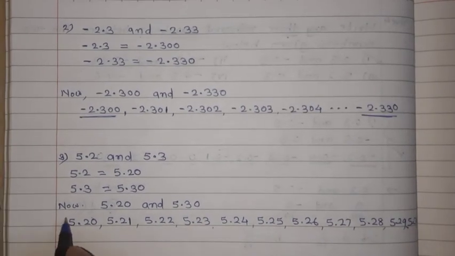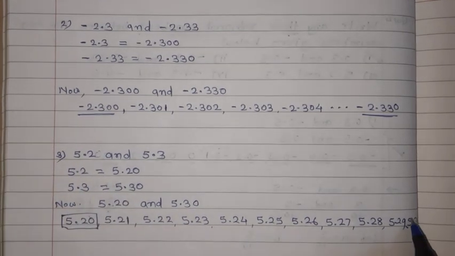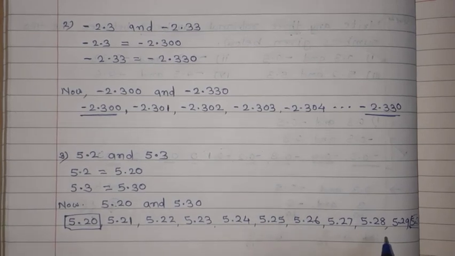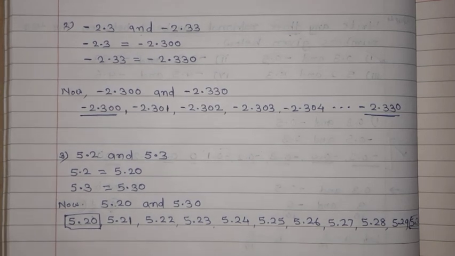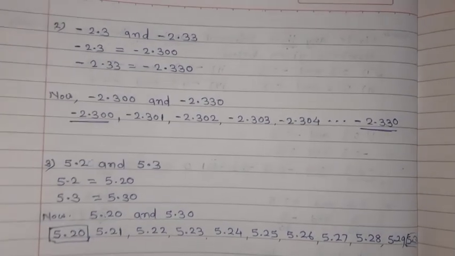Now see, this is between 5.20, that is 5.2, and 5.30. There are many numbers which we have written here. I think everyone understood this. Simple, very easy.